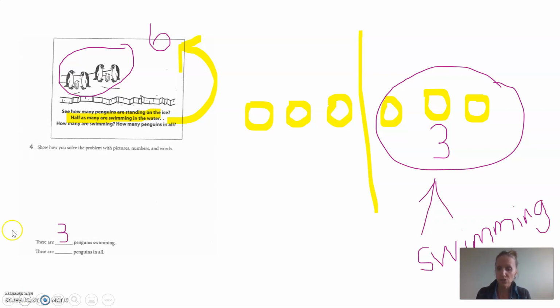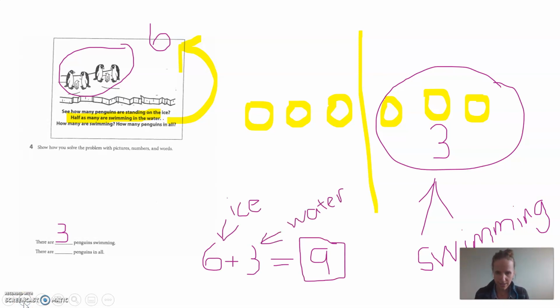So I'm making sure that I write that here, and then I'm going to work on my next part of the problem. How many are swimming? How many penguins in all? Okay, so I need to take 6 that are on the ice, 3 that are in the water, and then add that on. So 6, 7, 8, 9.